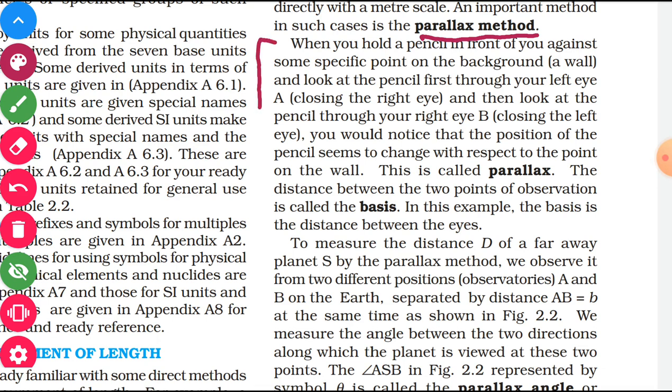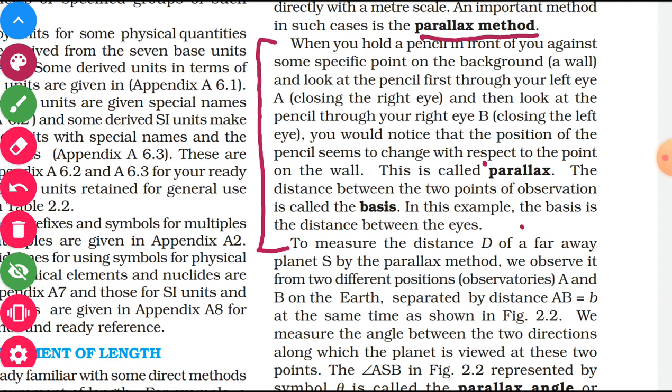The whole thing is explained here. Okay, what is to be done? You just have to hold one pencil in front of you against some specific point on the background, say a wall. Keep the pencil there, then close your left eye and look at the pencil. Then you open your left eye and close your right eye, and again look at the pencil.